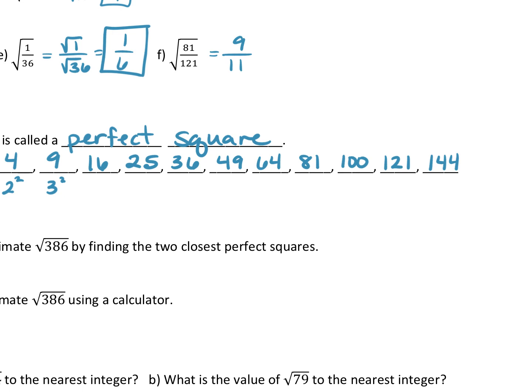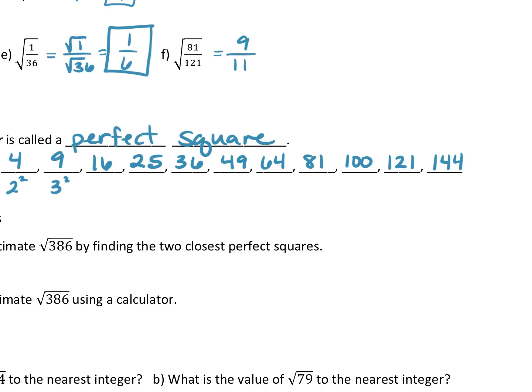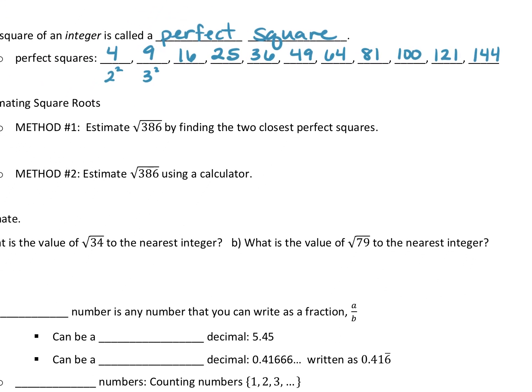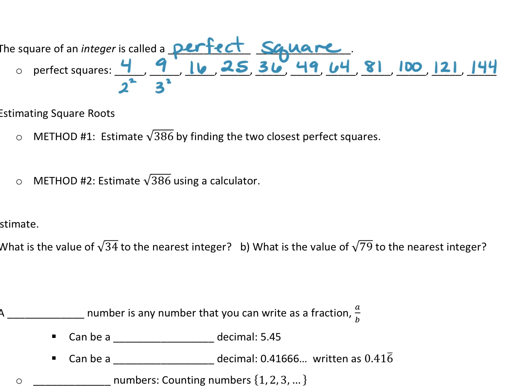So if I were you, I would either pull these notes up while I'm doing perfect square stuff, or just rewrite them at the top of your homework when you need them, or copy and paste this to the top of your homework. They come in really handy when you do something like this next problem. Sometimes they're going to ask you to estimate square roots.